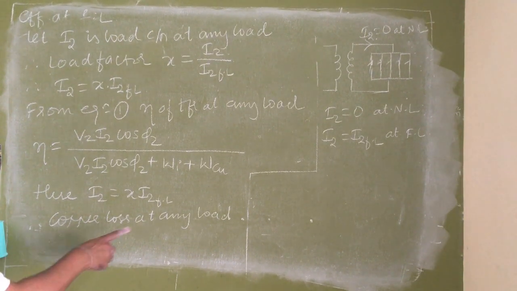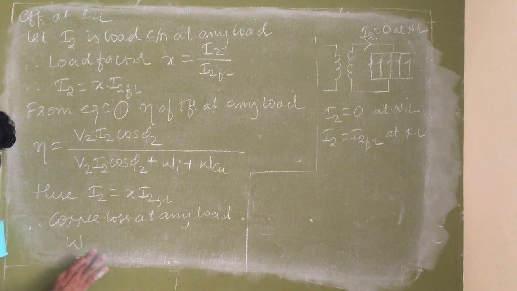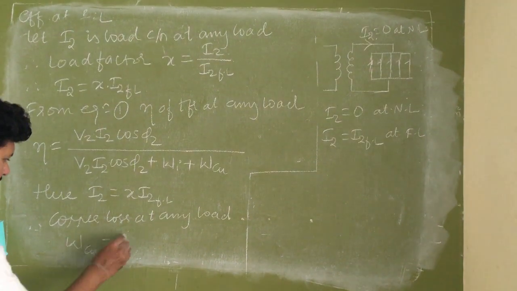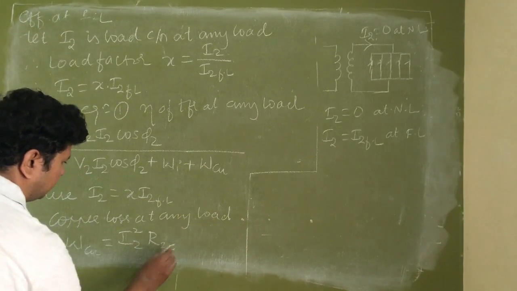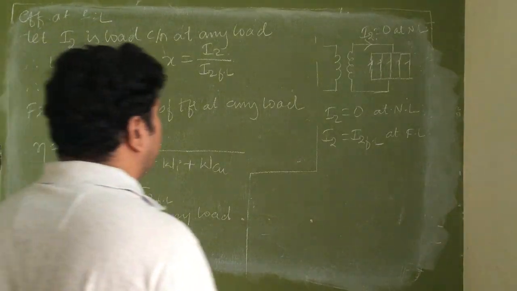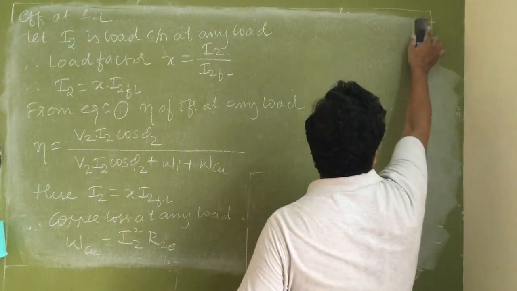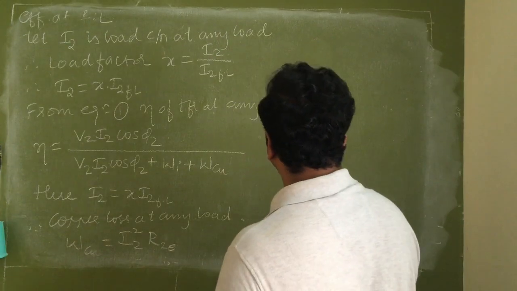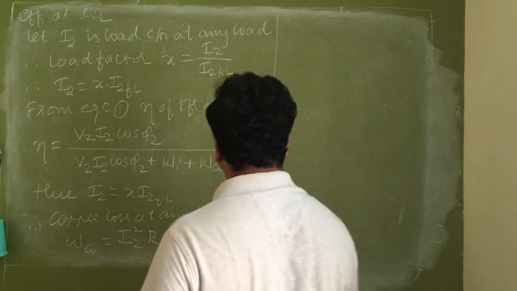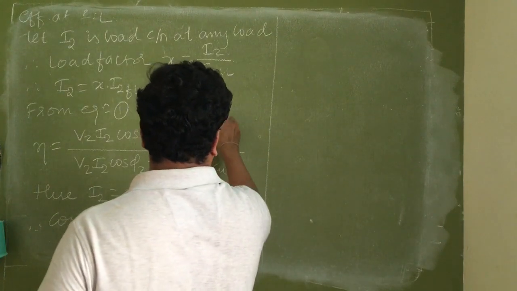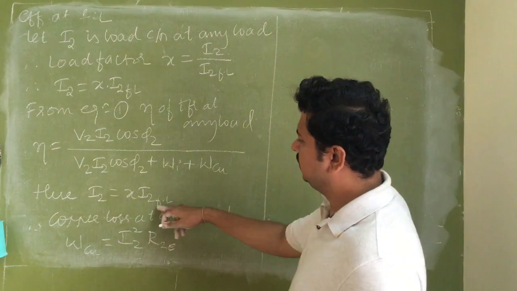Copper losses at any load are given by W_cu = I2 square R2e. We have already defined what is R2e. Now what is I2? I2 is equal to x into I2 full load.